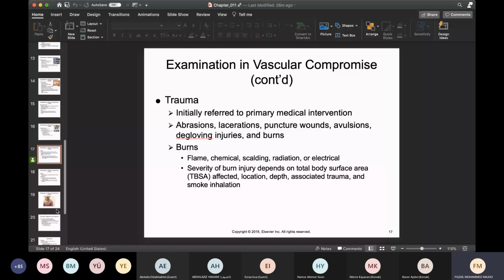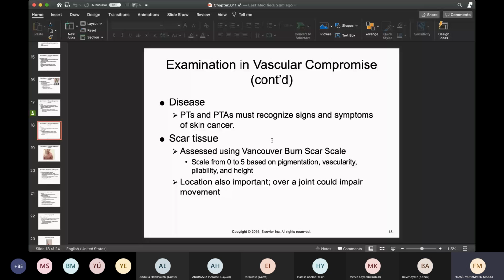So when you talk about diseases, physical therapists and PTAs have to recognize certain, not all, but certain signs and symptoms of skin cancer. If there's a new lesion, or if a wound, for example, is taking more than 3 months to heal, then you may want to start thinking skin cancer.